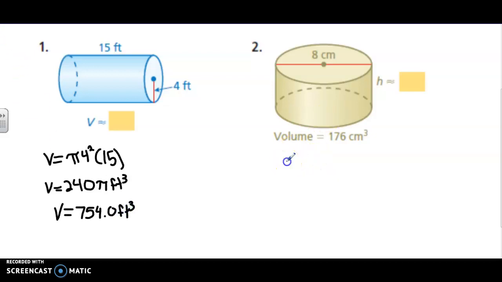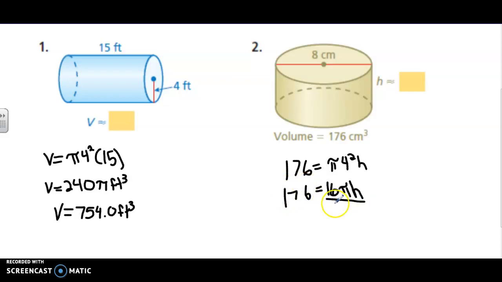For this one here, they give me the volume. I have pi times r squared. They're giving me the diameter, so half of 8 would be 4. So 4 squared times h. So I'll have 16 pi h equals 176.